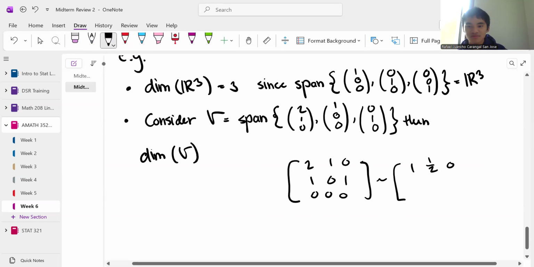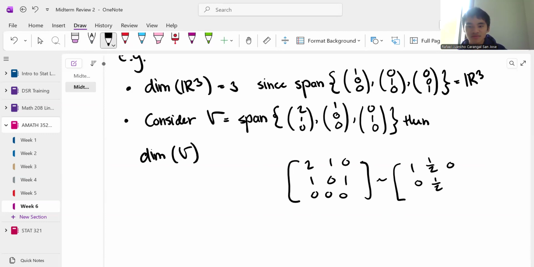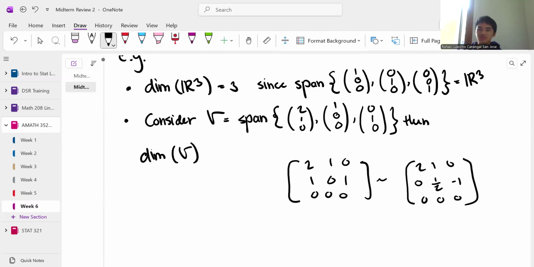I think this was -1. I could put this back, 210, and then this one would be 000. So now it's in echelon form. Here we see there are no pivots in every column. So this set is dependent.